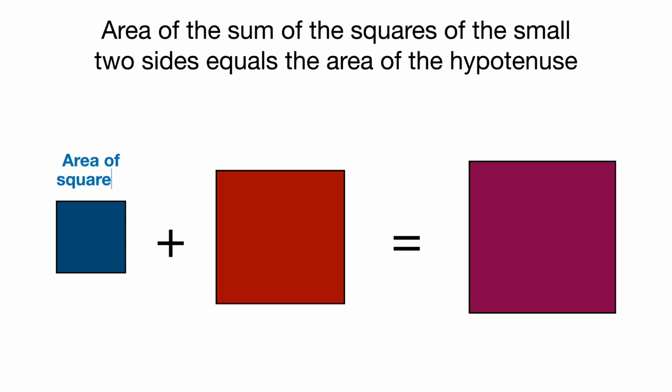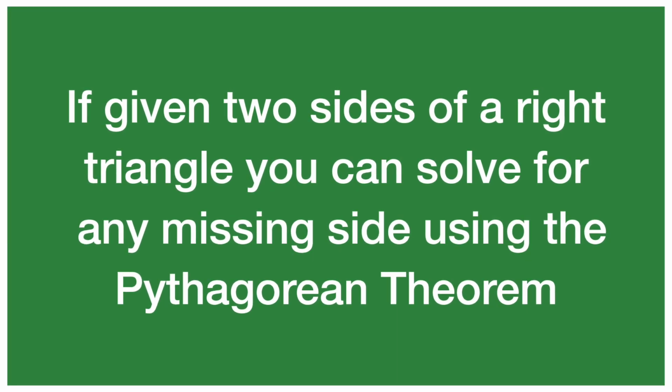So again, the area of square A plus the area of square B equals the area of square C. Whenever you see A squared plus B squared equals C squared, that is what it means. And if you're given two sides of a right triangle, you can solve for any missing side using the Pythagorean theorem.